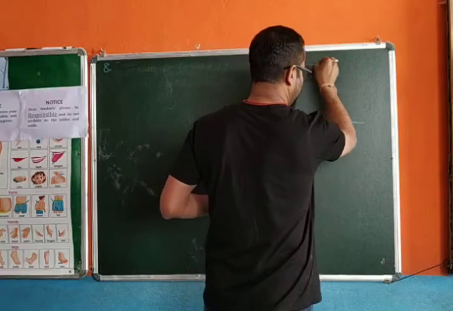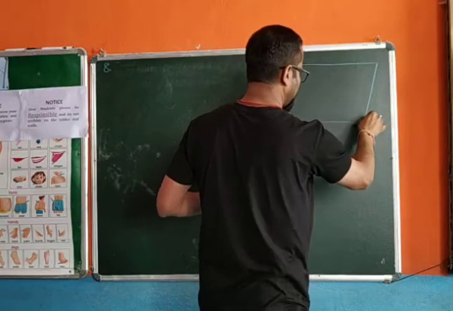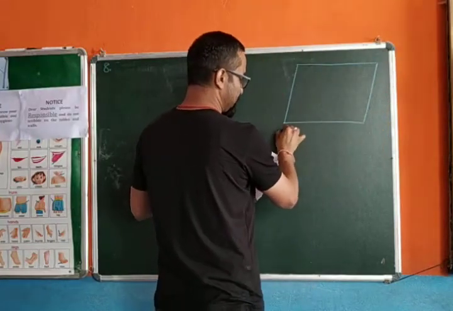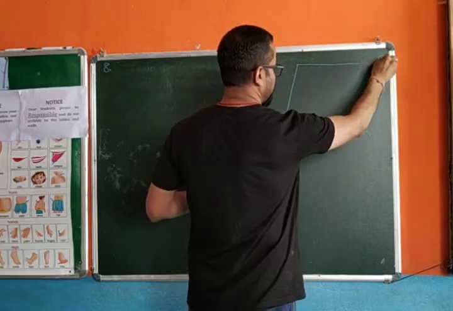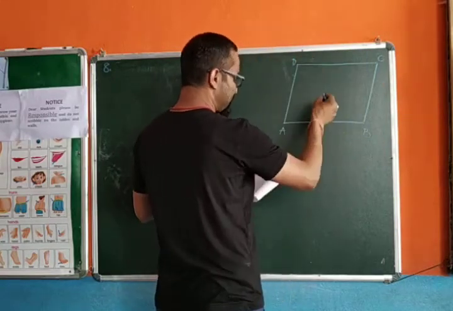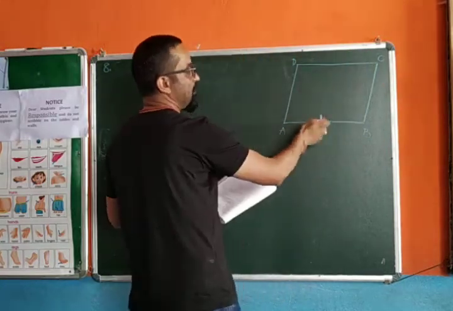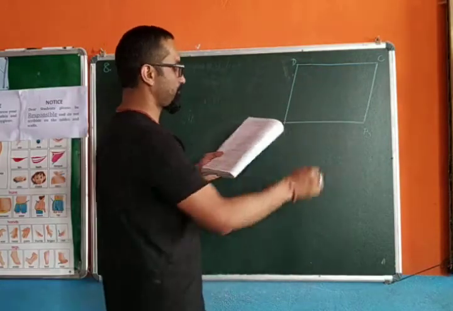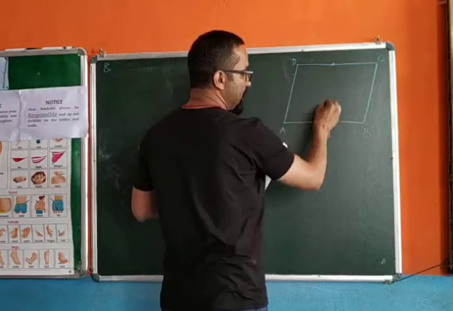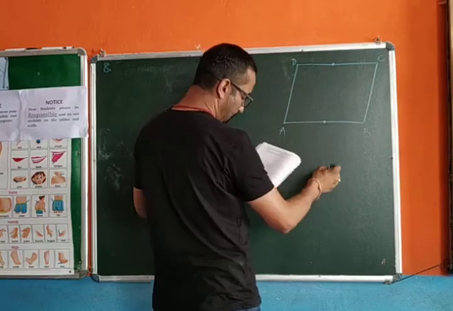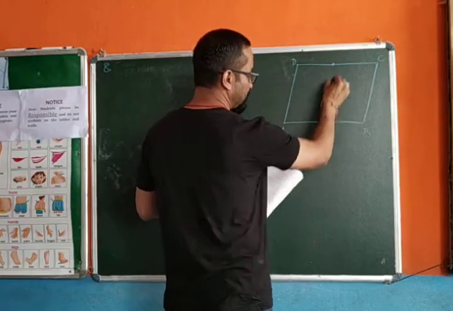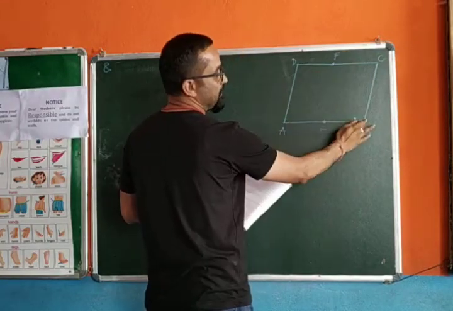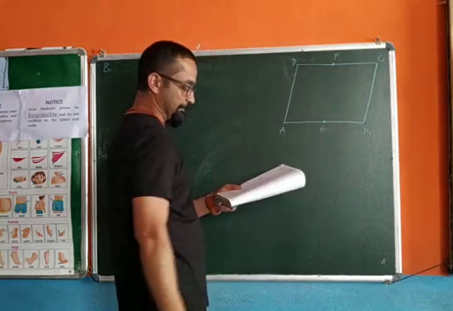Watch the video carefully. ABCD is a parallelogram, which means opposite sides are parallel and equal. E and F are midpoints of the sides AB and CD.